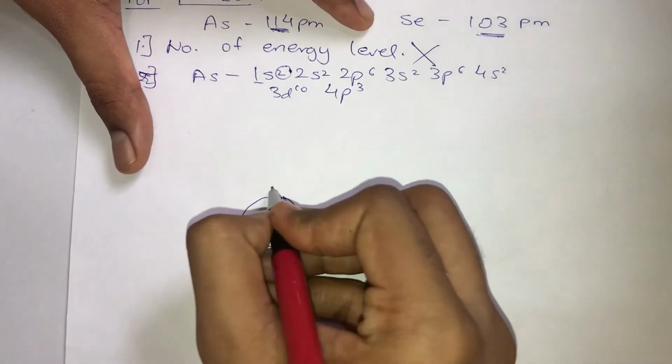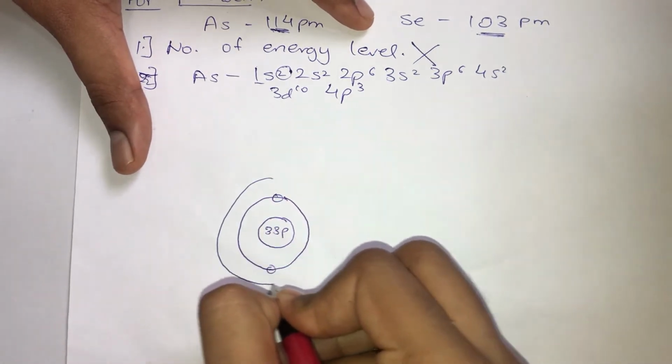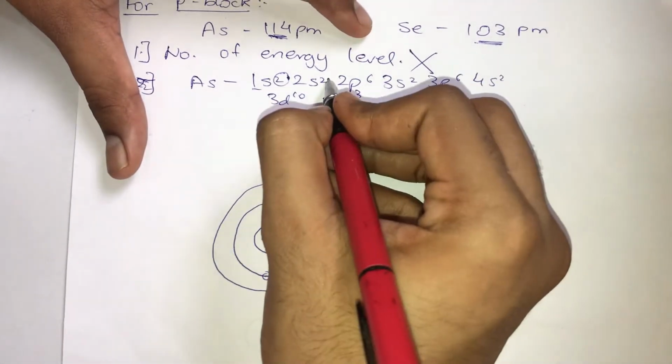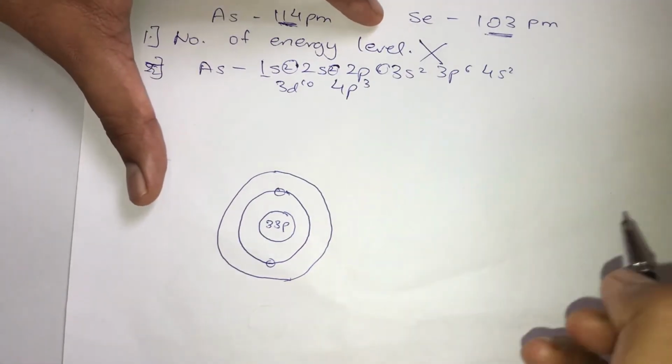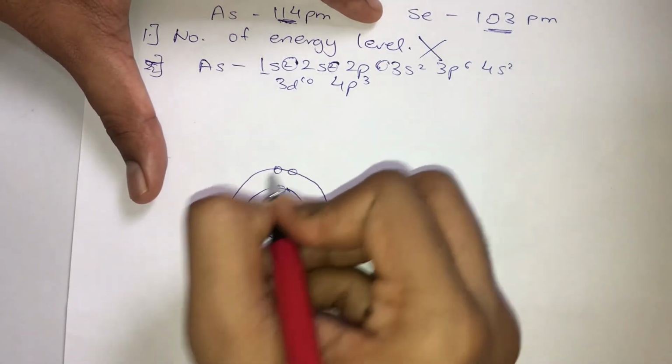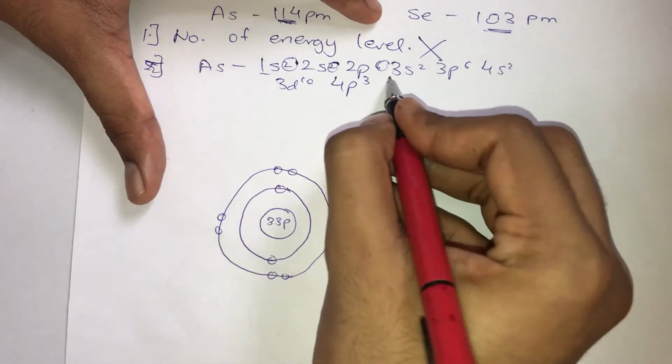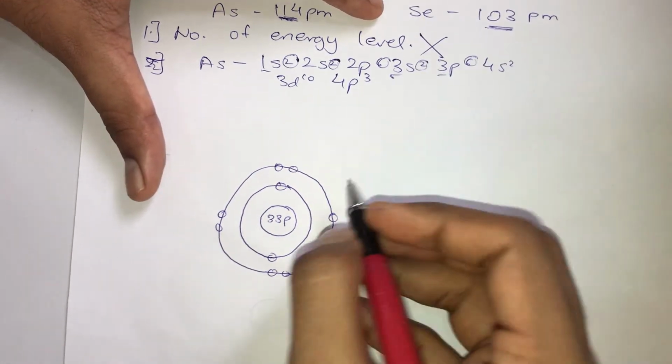In the second energy level there are 2 plus 6, 8 electrons. Inside the third energy level, there are 2 plus 6, again 8 electrons.